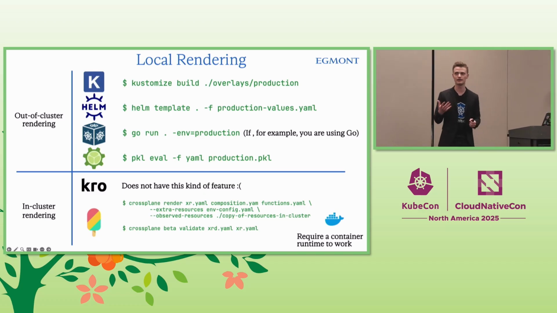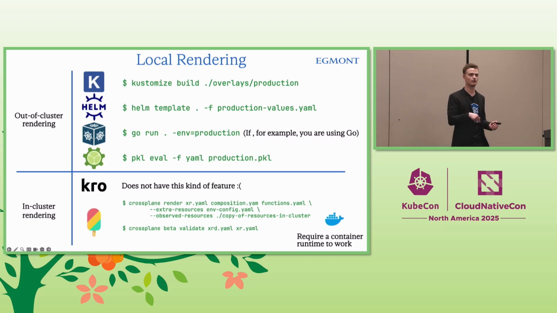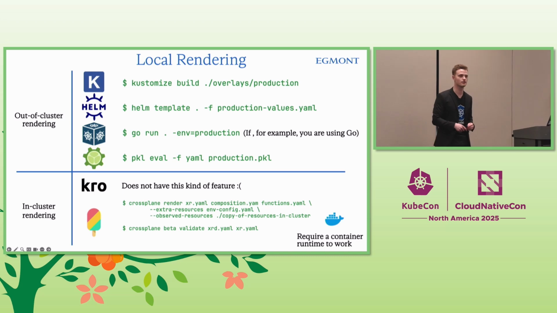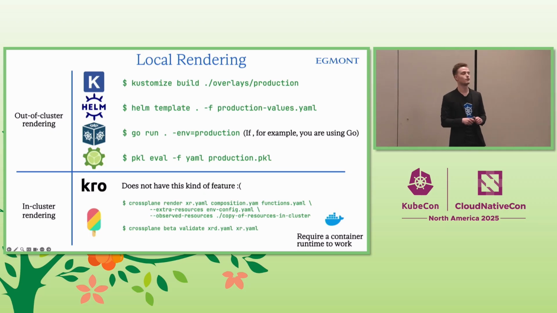For example, if you're depending your templates on something that exists inside a cluster and you don't have that locally, then you need to pull that and pull down the schemas and all that kind of stuff, which again makes things a bit complicated. And you also need to have a container runtime installed on your machine because it needs to run containers and mimic things in Kubernetes and so on. Anyway, the point is that it's definitely more complicated using local rendering in an in-cluster rendering tool.